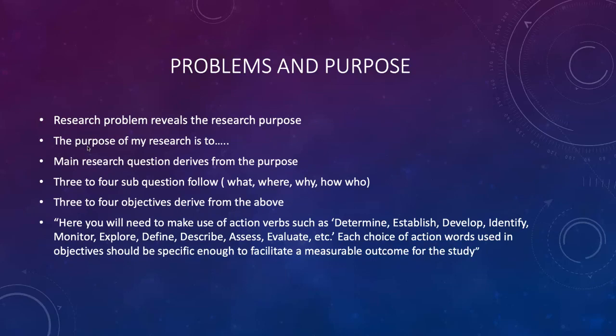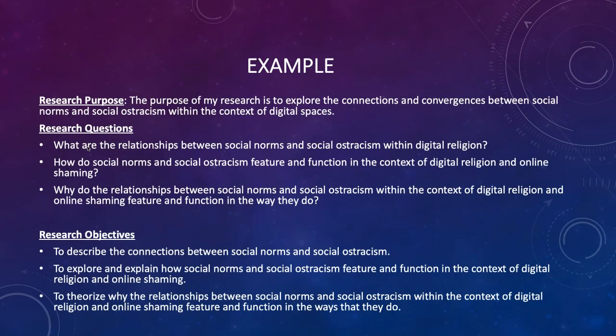And then I just want to end off with a little example. This is from a study that a student of mine is doing, and she's been kind enough to allow me to share this. So she's got a research purpose. The purpose of my research is to explore the connections and convergences between social norms and social ostracism within the context of digital spaces.